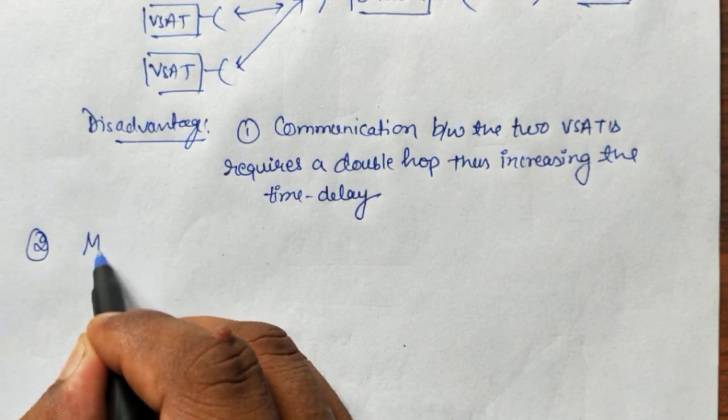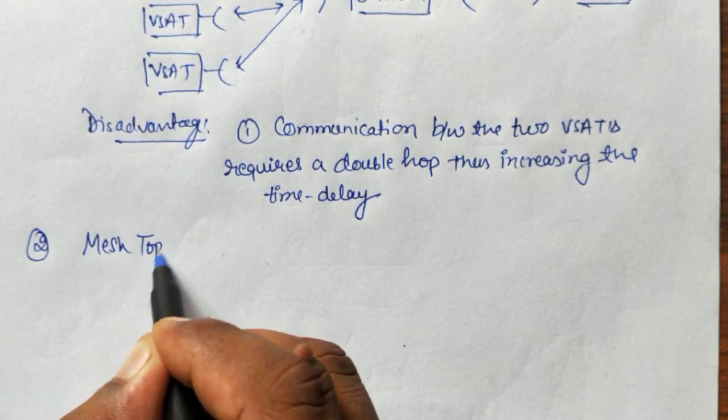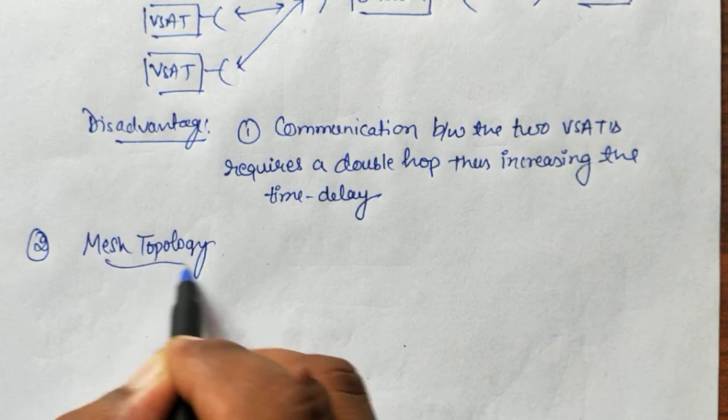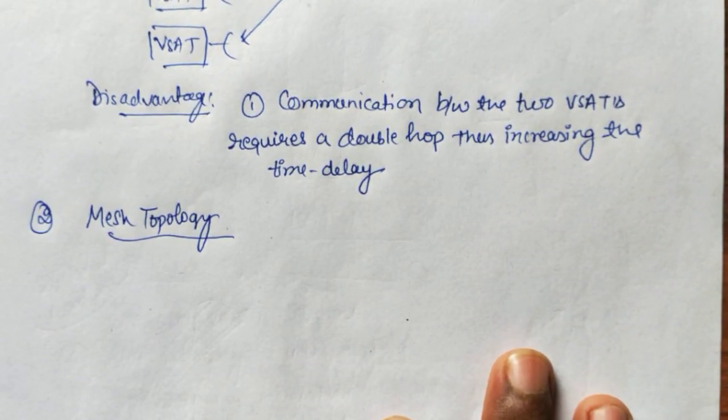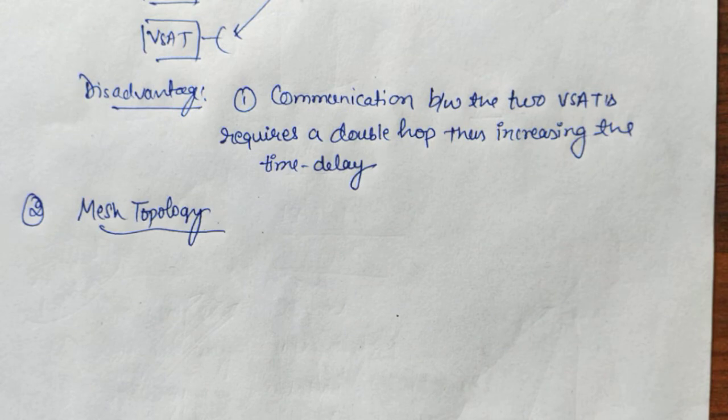The second one is mesh topology. Here each of the Vsats has the capability to directly communicate with any one of the other Vsats.